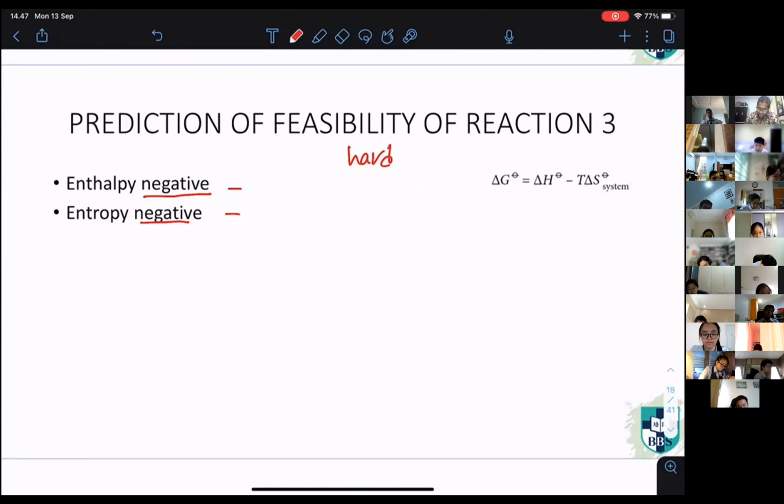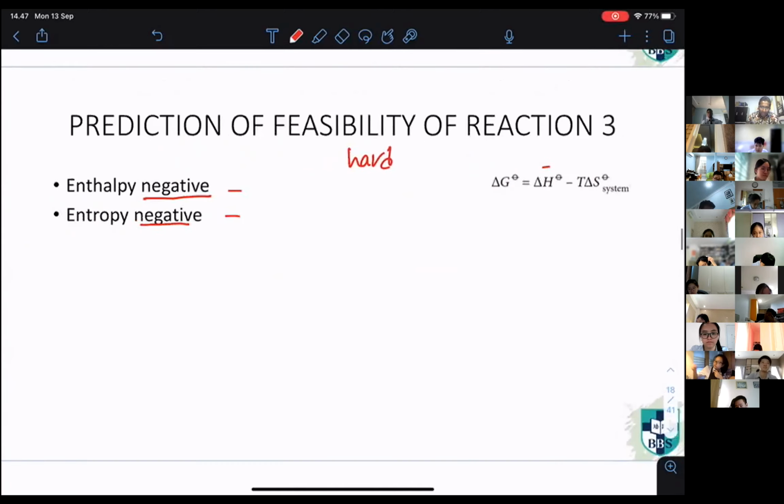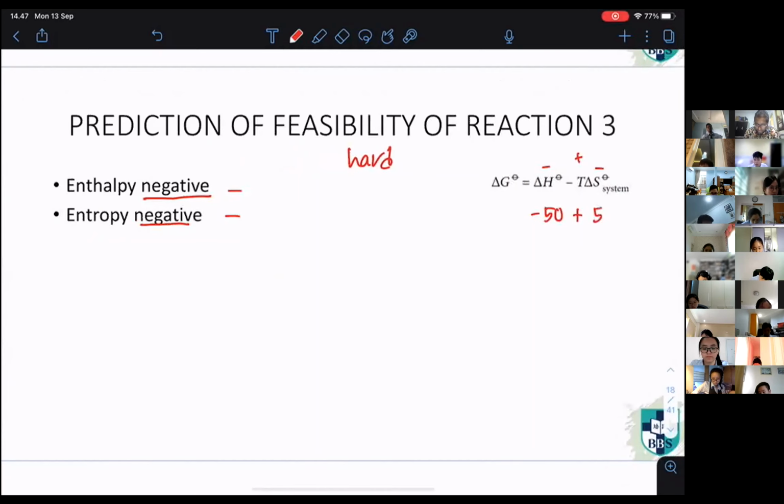If delta H is negative and your entropy is negative, negative and negative is plus, right? If you have negative 50 and I add 5, I will get maybe negative 45. But with negative 50, if I add 60, what will happen?